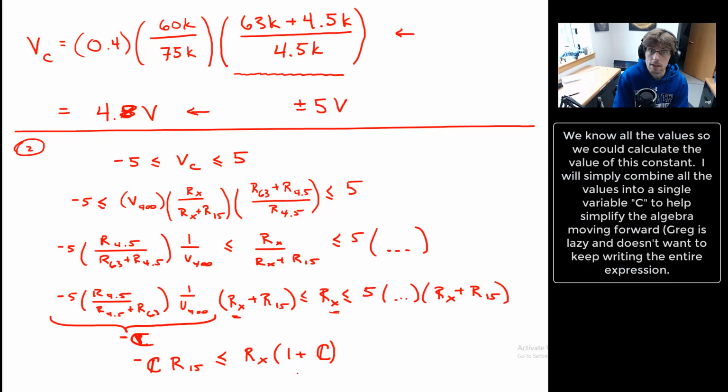So I get a plus sign. Okay. And so what do I get at the end of the day? We'll leave it like this. We get negative constant times R15 divided by 1 plus that constant. That has to be less than or equal to Rx.